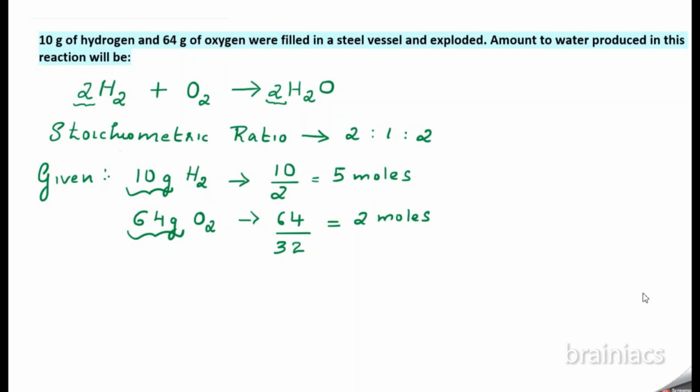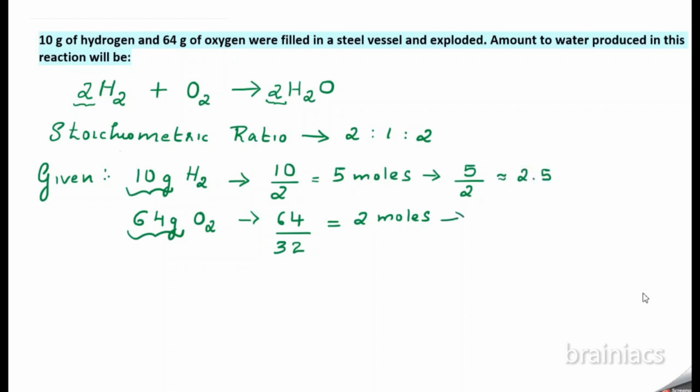And when you get the number of moles, divide the number of moles by the stoichiometric coefficient of that substance. So for hydrogen, the stoichiometric coefficient is 2. So I will divide 5 by 2. So you will get a value 2.5. Correct.